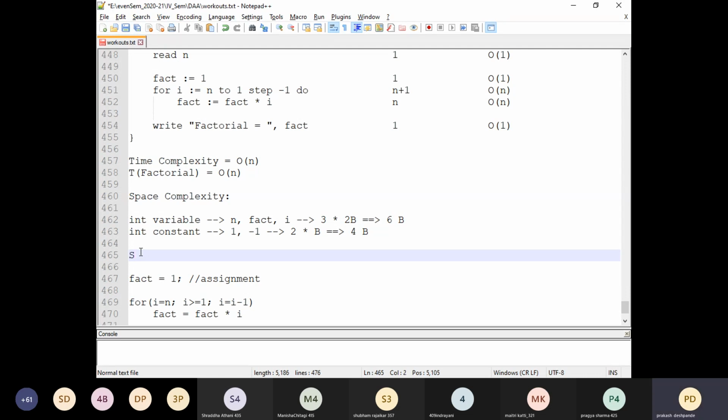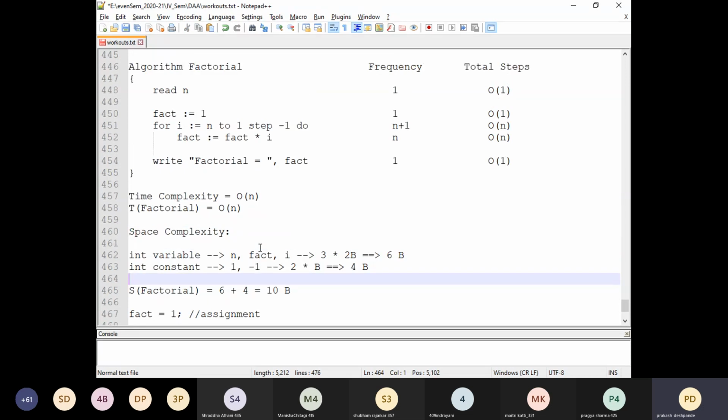For this factorial algorithm, the space is 6 plus 4, that is 10 bytes of memory. Among these 10 bytes, 6 bytes are occupied by the 3 different variables and 4 bytes are occupied by the 2 different integer constants.